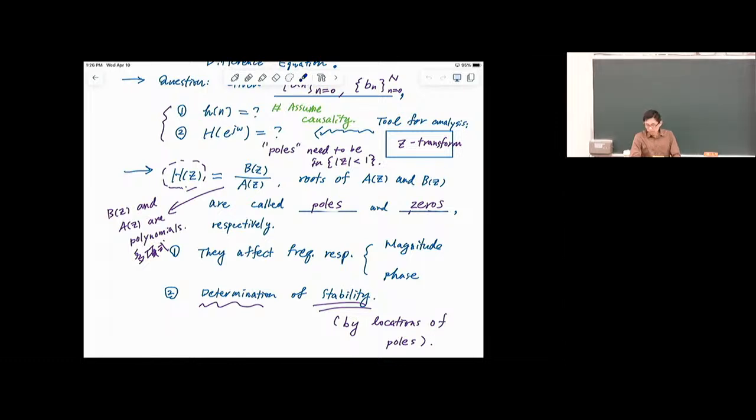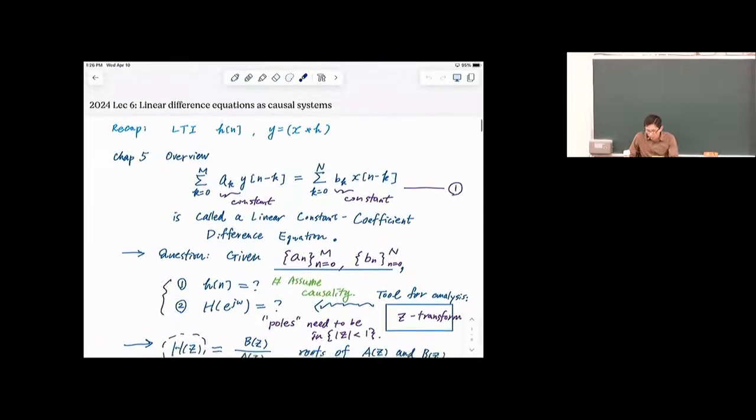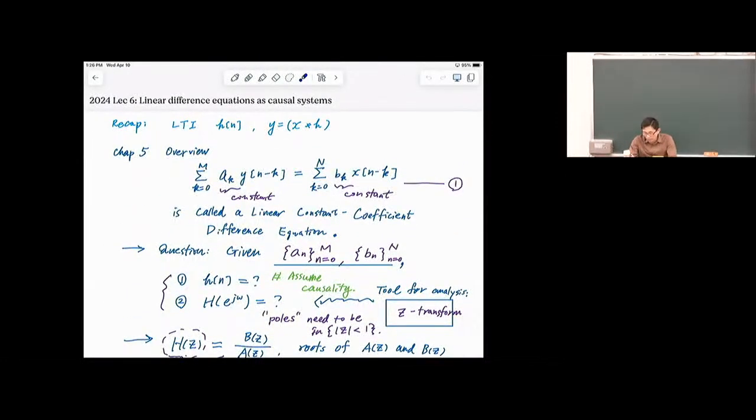So remember that a difference equation can be written generally as that, with a_k the coefficients, b_k the coefficients, and output on the left and input on the right-hand side of the equation.